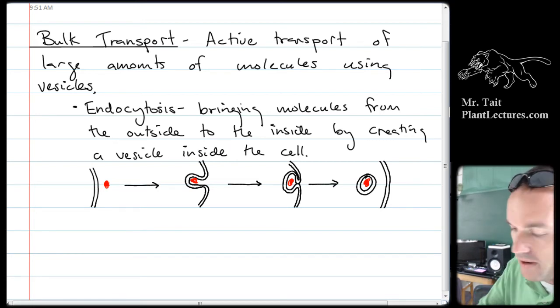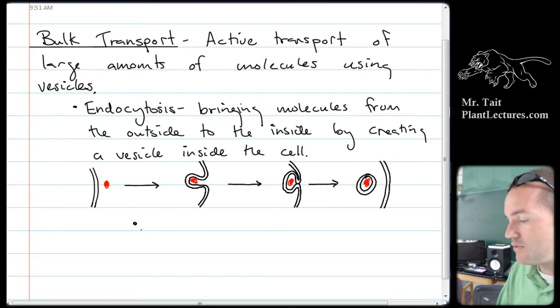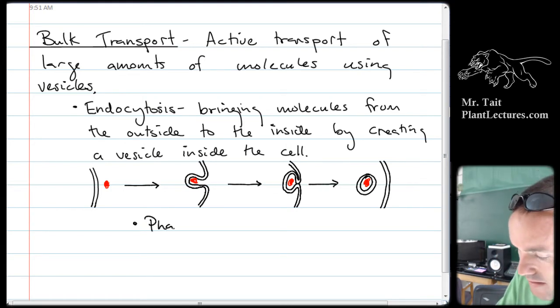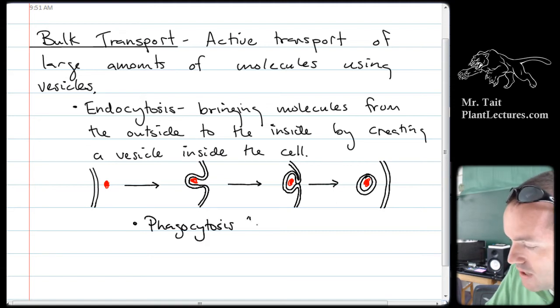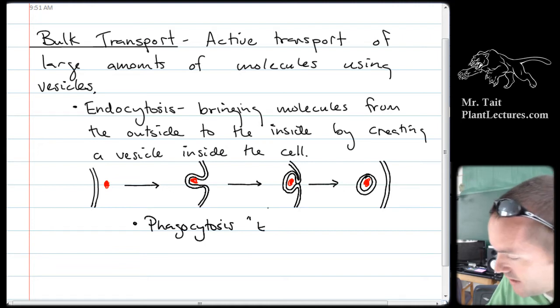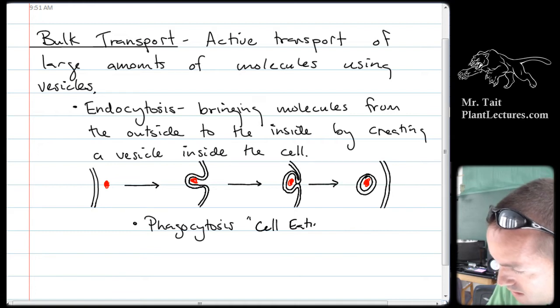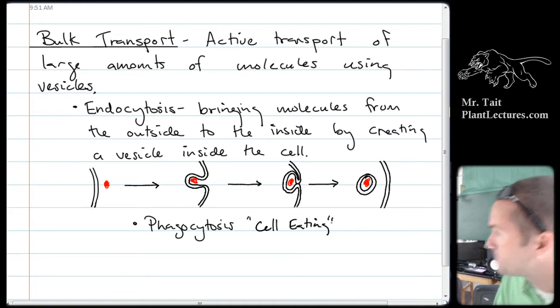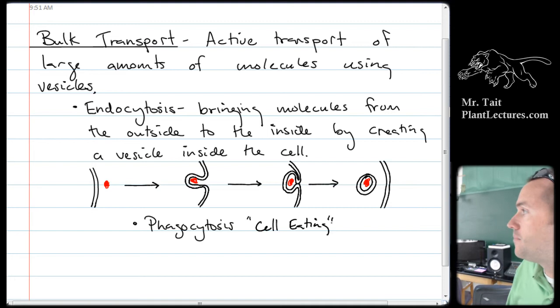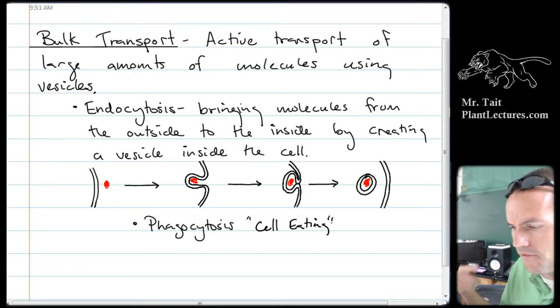Alright? There are three different types of endocytosis. The type that we've drawn here, if it's taking in a protein, that type would be called phagocytosis, which literally translated means cell eating. Basically what that means is it's going to take in a large macromolecule or a group of large macromolecules and then break them down and use them for food.